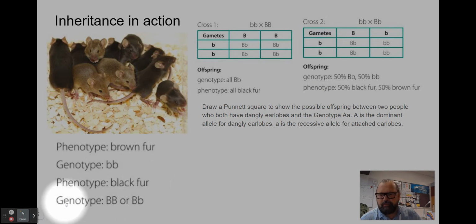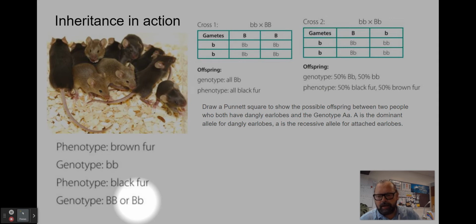Because black fur is dominant, they could be 2 possible genotypes and have black fur. They could have 2 copies of the black fur allele and be homozygous dominant, or they could just have 1 copy of that black fur gene and still be black, because the black fur allele always shows itself because it's dominant.